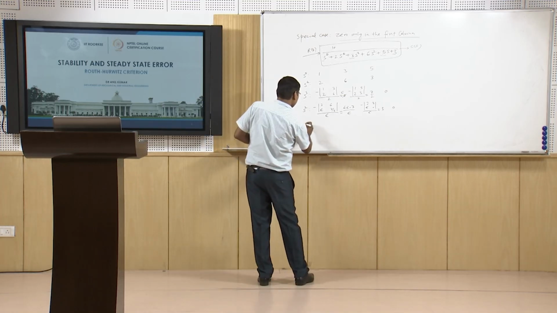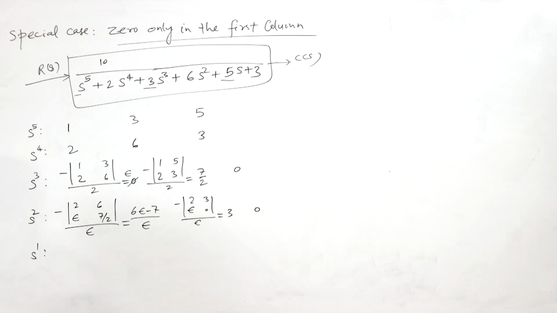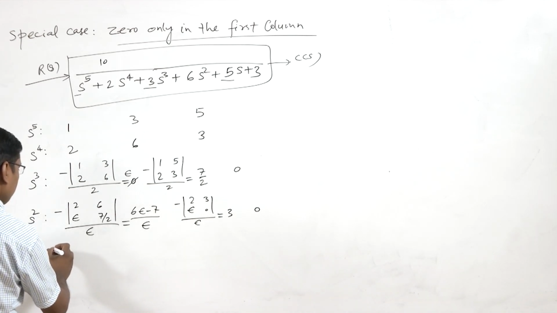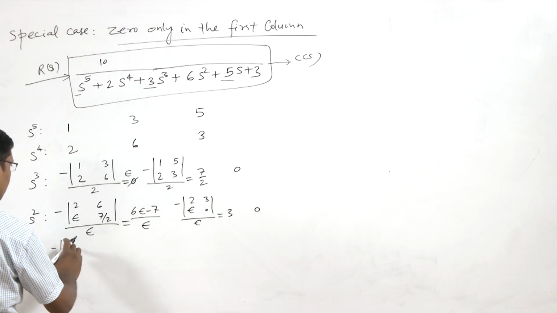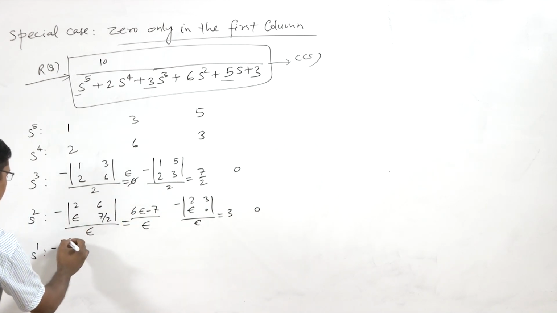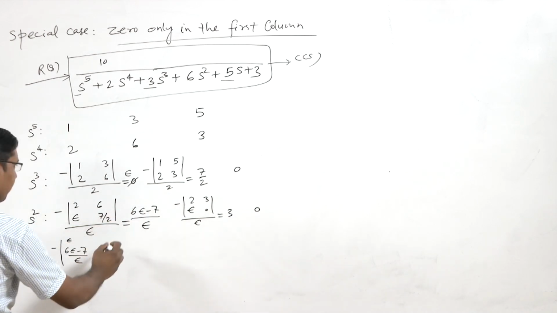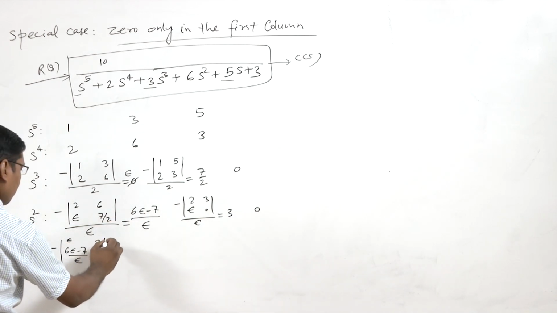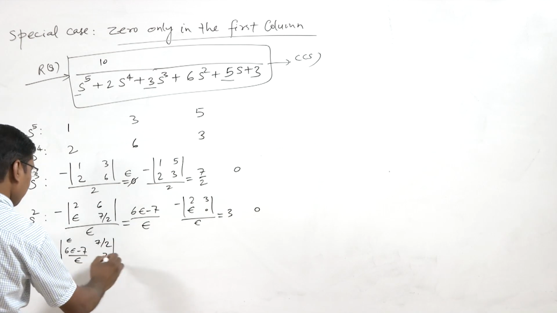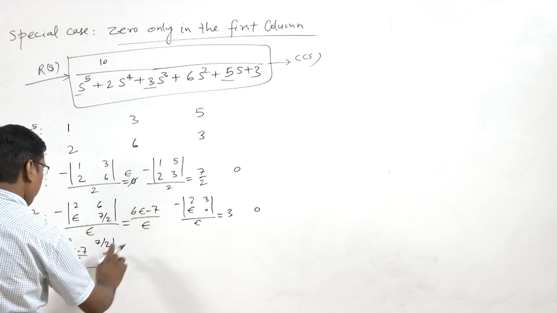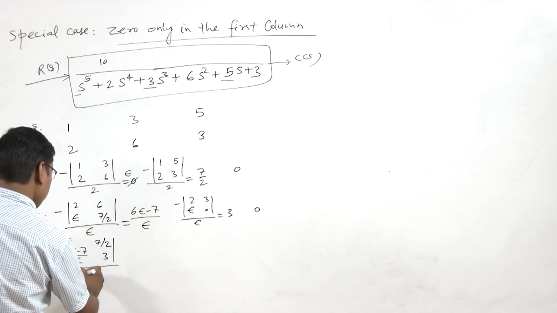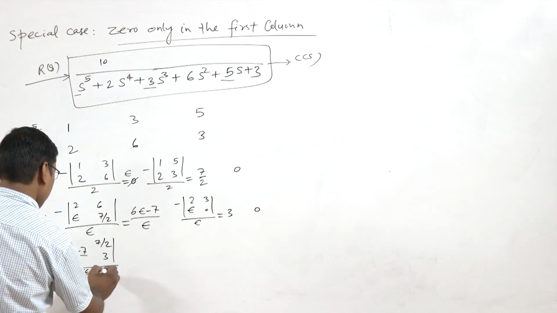Then we compute s1. When we compute s1, that is equal to minus epsilon and 6 epsilon minus 7 by epsilon, and then 7 by 2 and 3 by 6 epsilon minus 7 by epsilon.